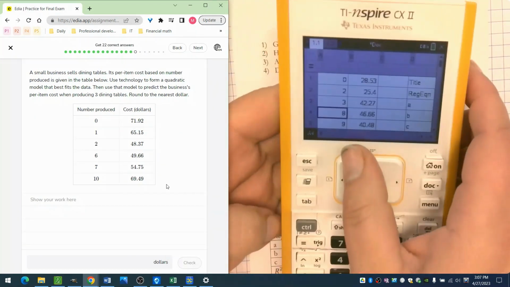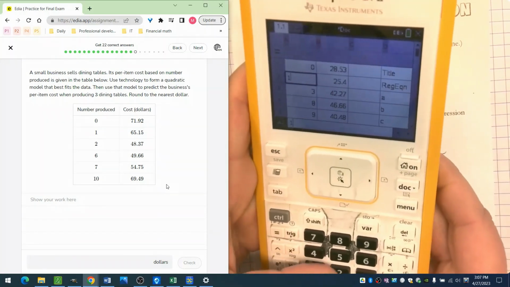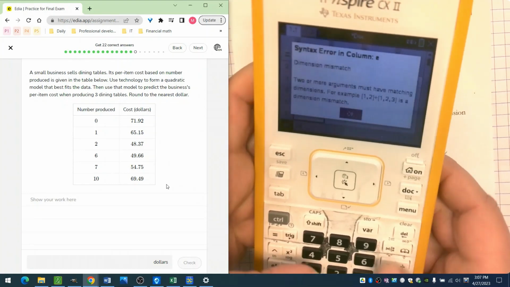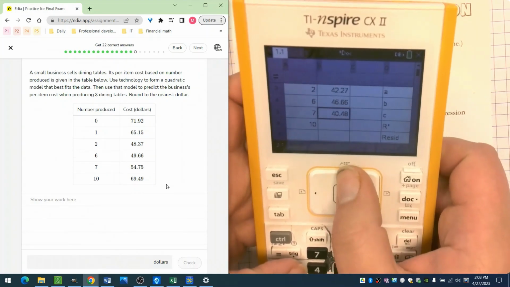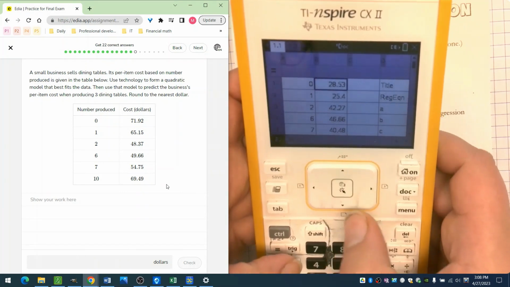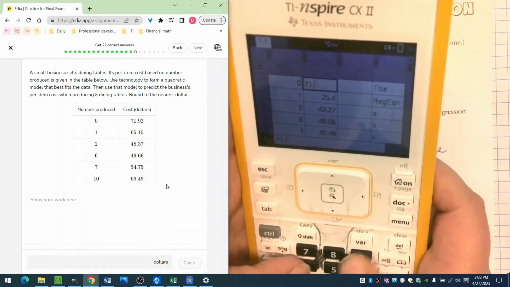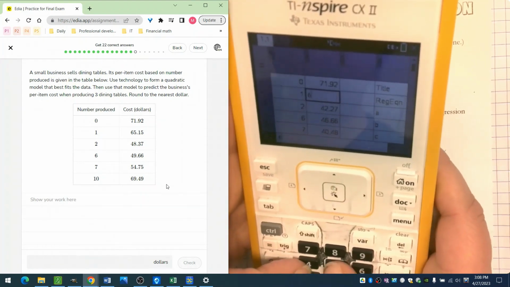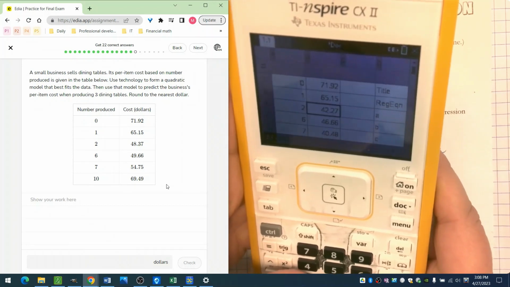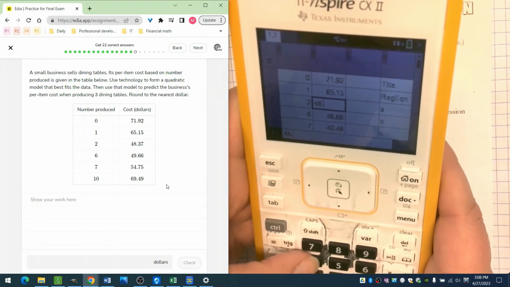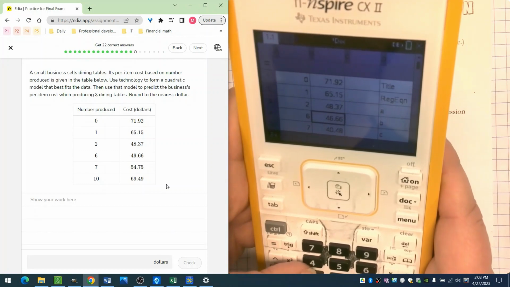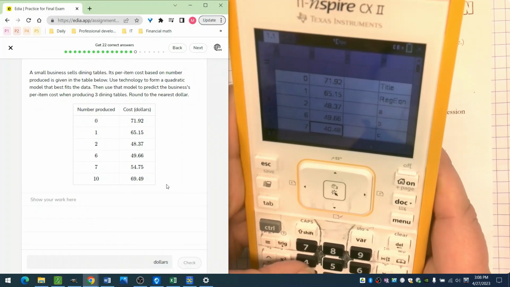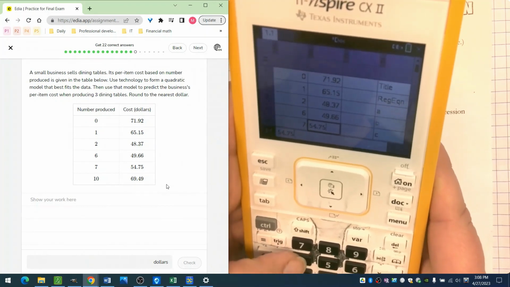Let's try again. Let's be extra careful on our data. 6, 7, 10. Okay, 0 should be 71.92. 65.15. 48.37. 49.66. 54.75.